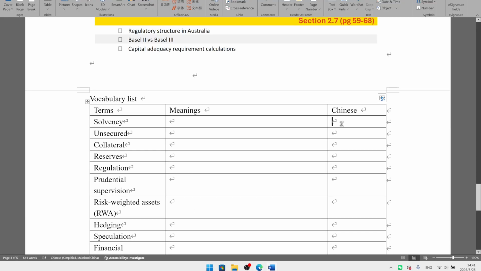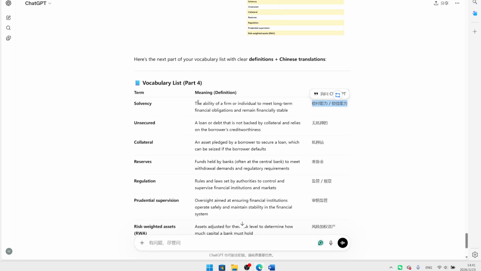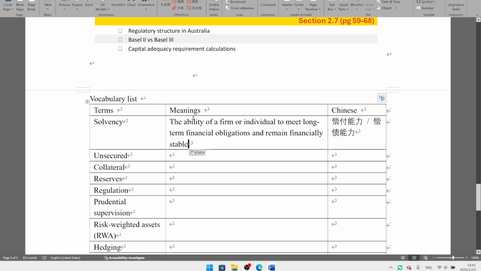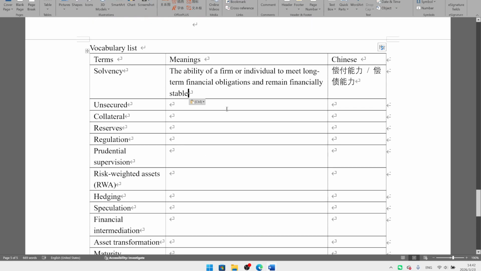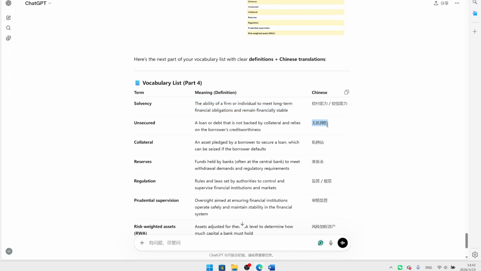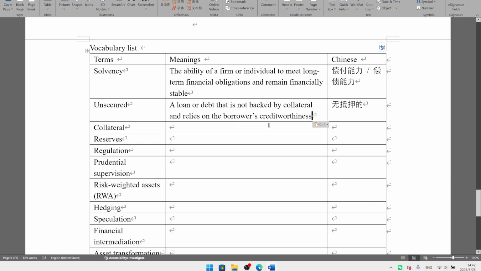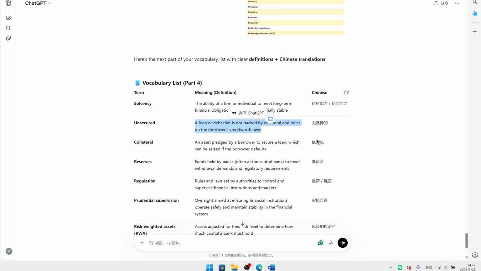Solvency is the ability of a firm or individual to meet long-term financial obligations or remain financially stable. Unsecured is a loan or debt that is not backed by collateral and relies on the borrower's creditworthiness.